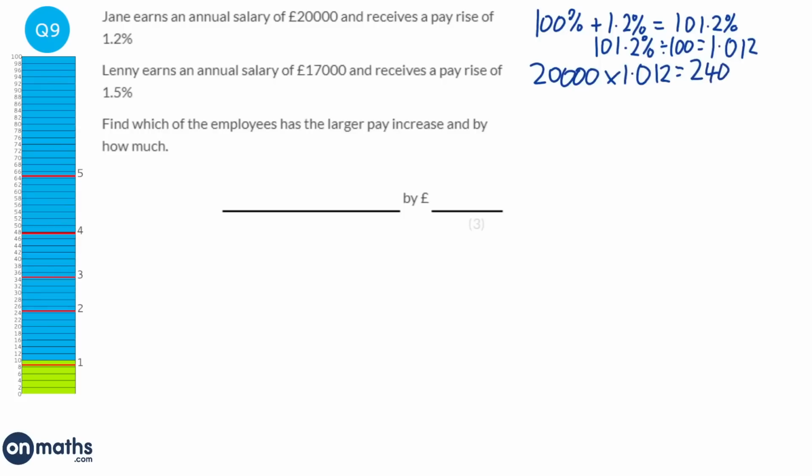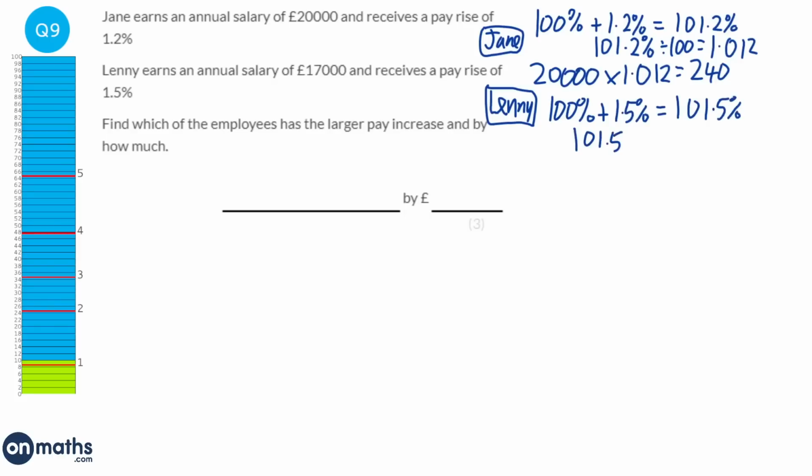Next we do the same for Lenny, so that is Jane. And so let's do Lenny. And so that's 100% plus the 1.5% will be 101.5%. Make that a multiplier, 101.5%.